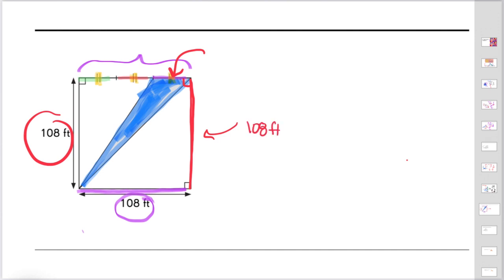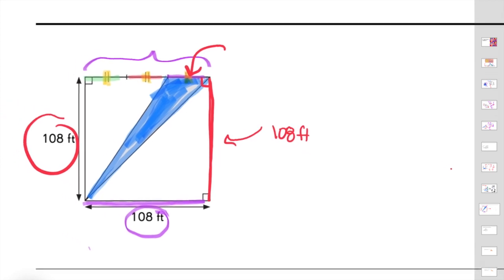So that tells me that this side is 108 feet, because opposite sides are equal in length. And so then I could find the area of this triangle. So think through that a little bit. Go ahead and once you found the length of the base, find the area of this triangle, and then check back in to see if you're thinking.